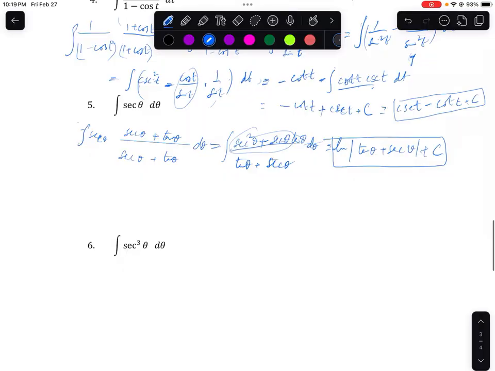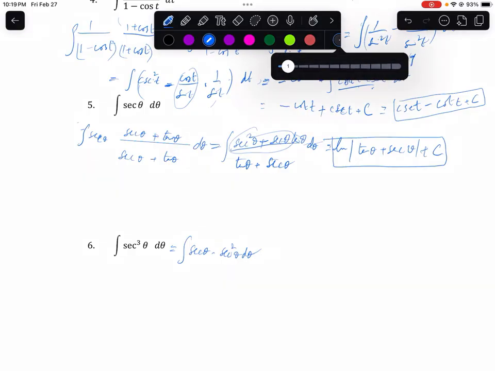So the next one is the integral of secant cube theta d theta. We'll start by integration by parts. So we split it, we write it as secant theta times secant square theta d theta. And we will take dv to be secant square theta d theta, because we know the entire derivative of that, which is tangent theta.